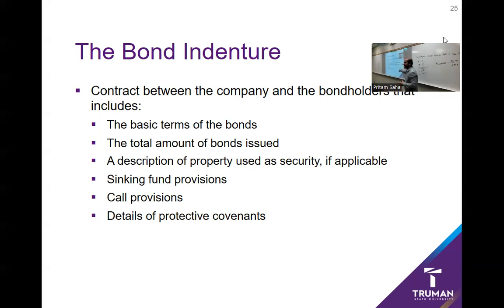If investors add any terms and conditions so that corporate managers are not allowed to do some activities, that is protective covenants. Let's say bond investors included, you cannot pay more than 2% of your net income for dividends.